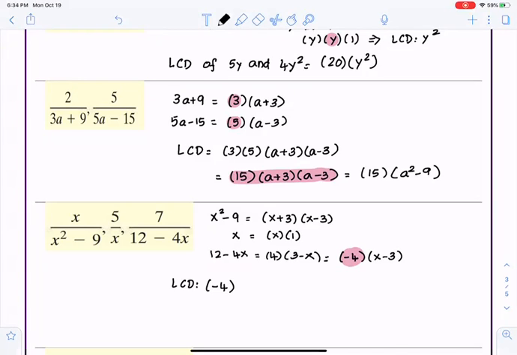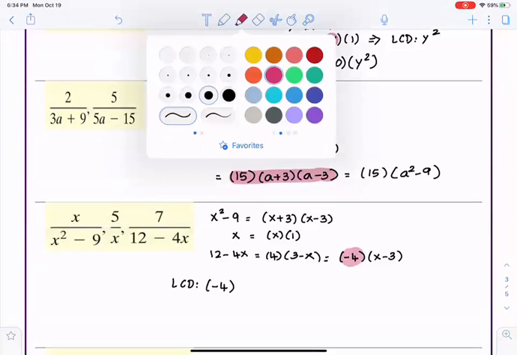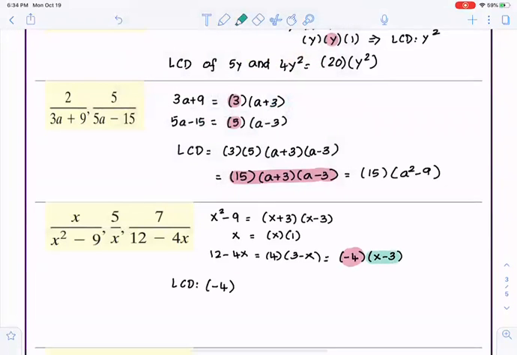The next term would be x minus 3. I have x minus 3 here, x minus 3 there. The second denominator, x, doesn't have x minus 3, so that should be a part of the LCD also.